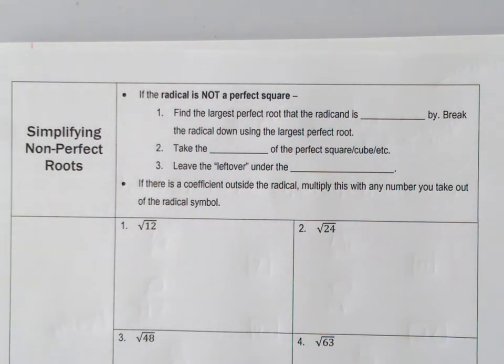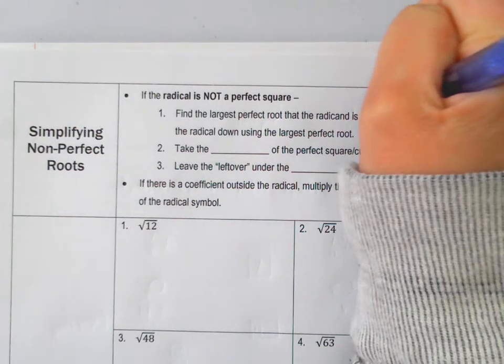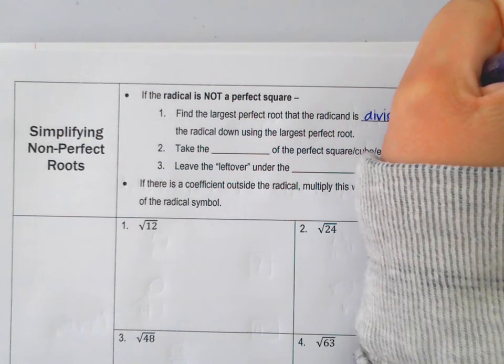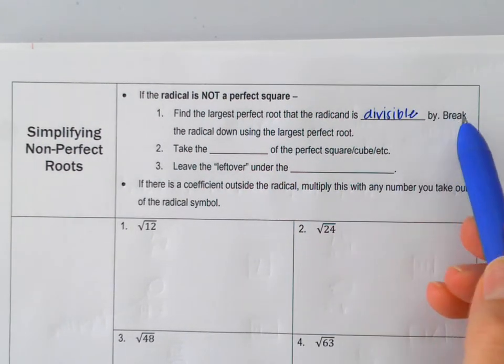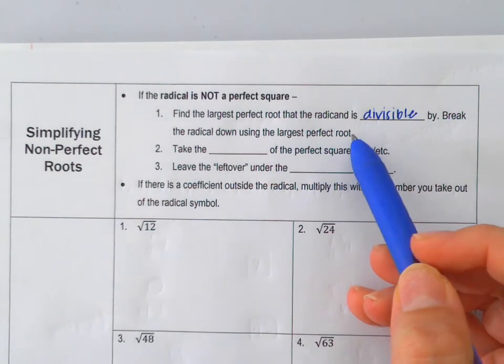So our first step is going to be to find the largest perfect root that the radicand is divisible by. And then from there, we'll break the radical down using the largest perfect root.